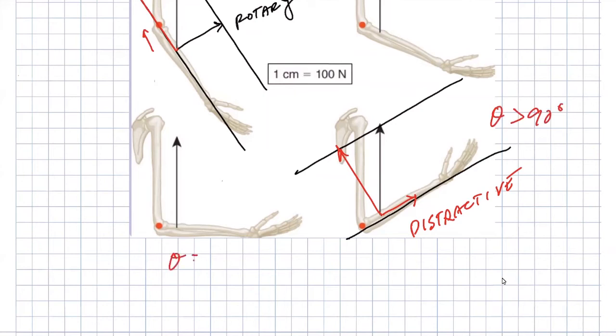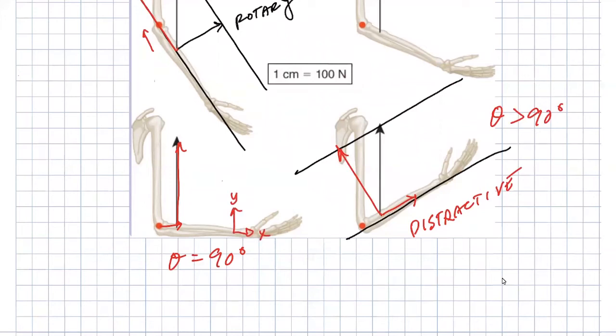Now, what happens if it's 90 degrees? This is 90 degrees of elbow flexion. Notice here that you really don't have a triangle, because why? This time the vector of the biceps muscle is directly parallel to the vertical axis, or the rotary axis, of the forearm.